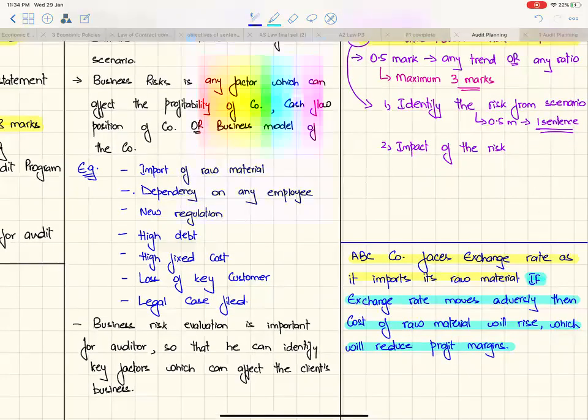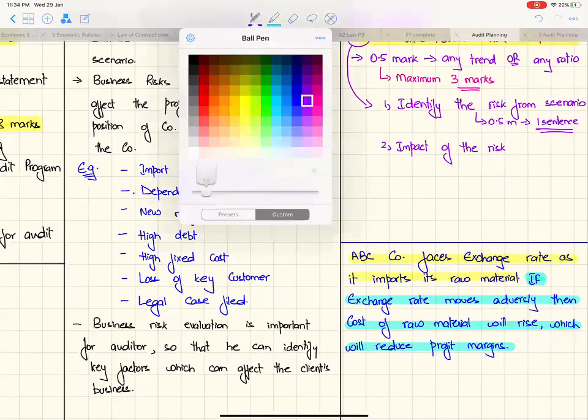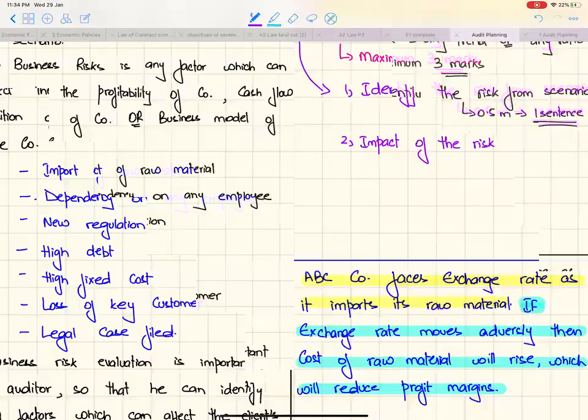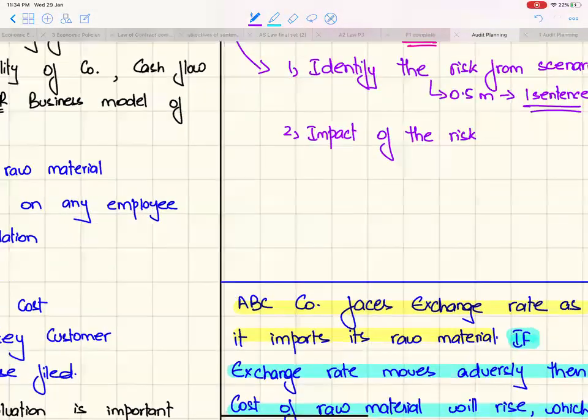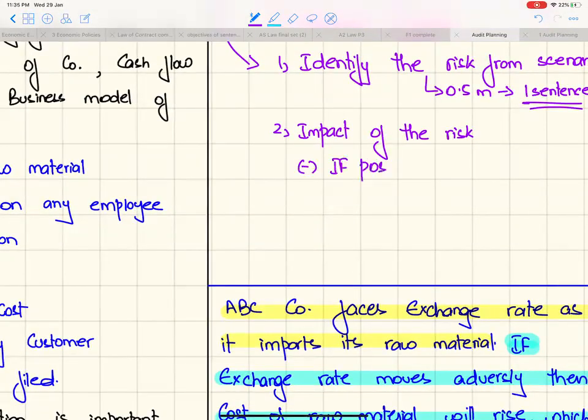Now, while writing the impact, if possible, give a financial support also. If possible, give a financial support also. Now, what do you mean by financial support?